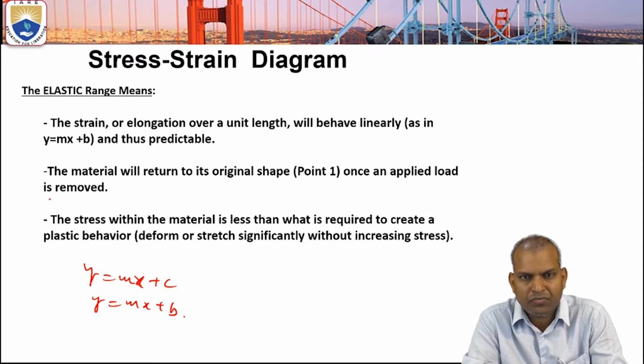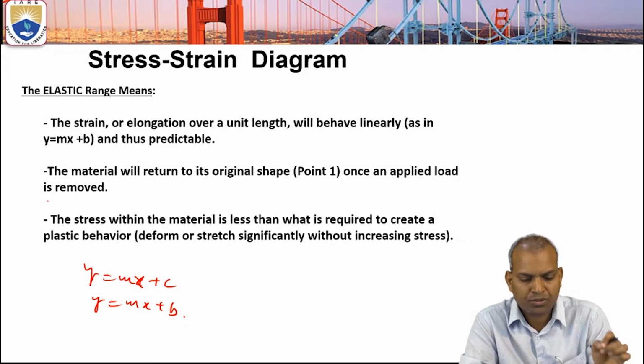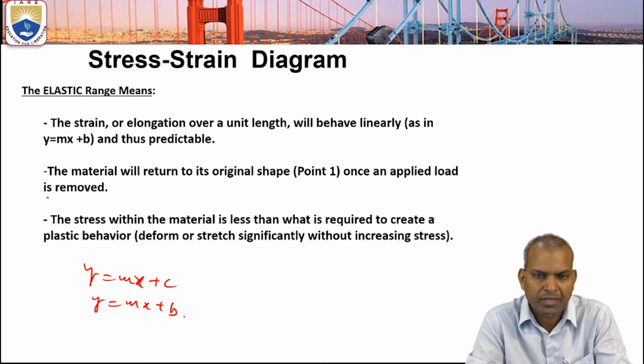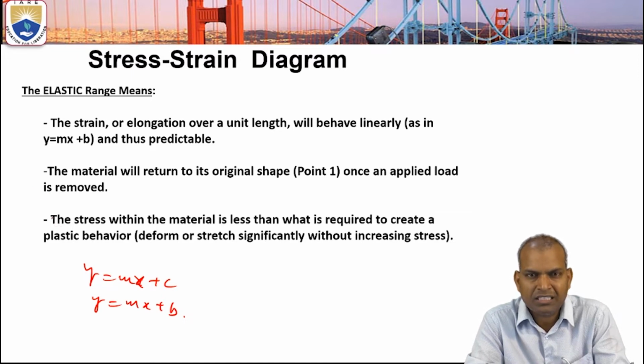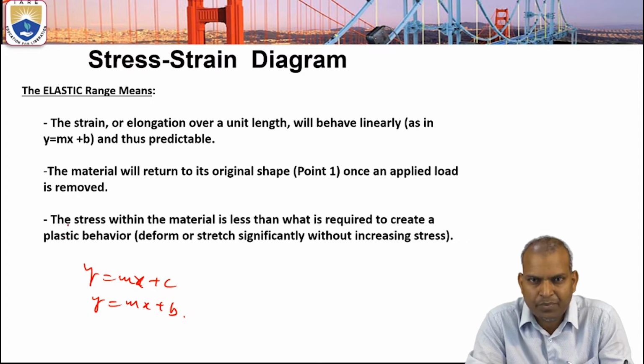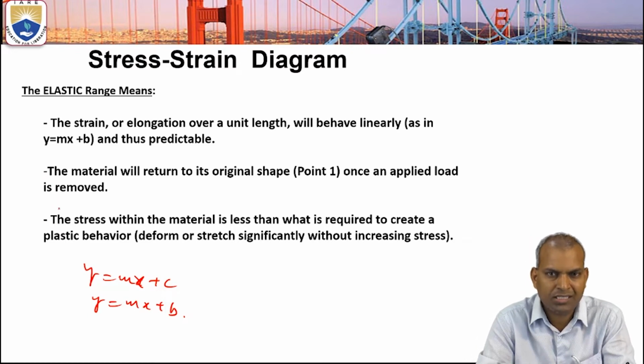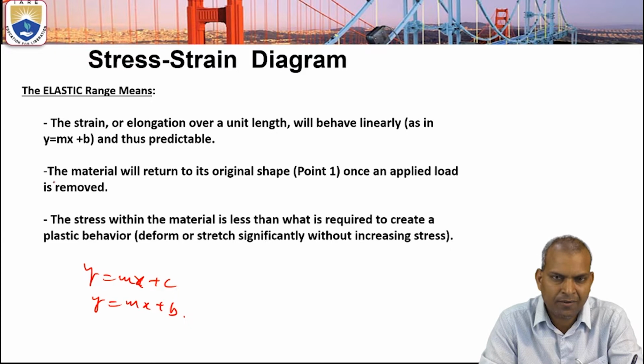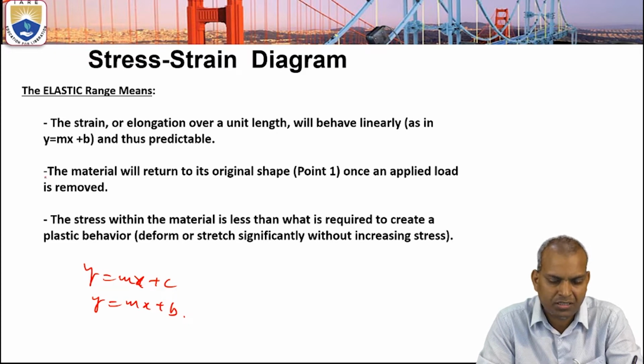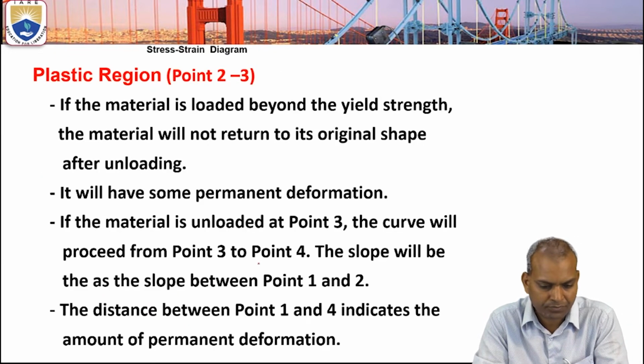That means if the material is unloaded at point 2, it goes back to point 1 once the applied load is removed. So the stress within this material is less than what is required to create plastic behavior. Within this limit, the elastic stress is always less than the ultimate tensile stress.